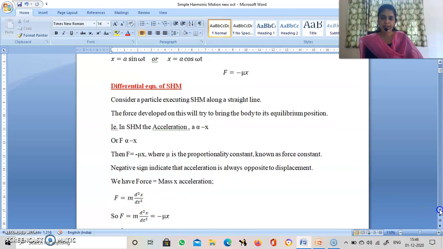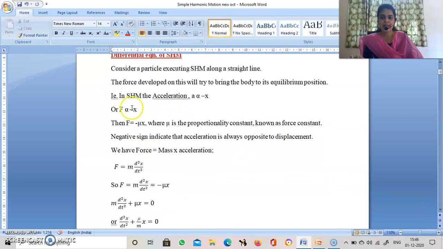Now consider the two equations. In the first equation we have F equals minus mu x. Then according to Newton's second law, we have F equals m d square x by dt square. Now equate the two equations. Then what we get is m d square x by dt square equals minus mu x.